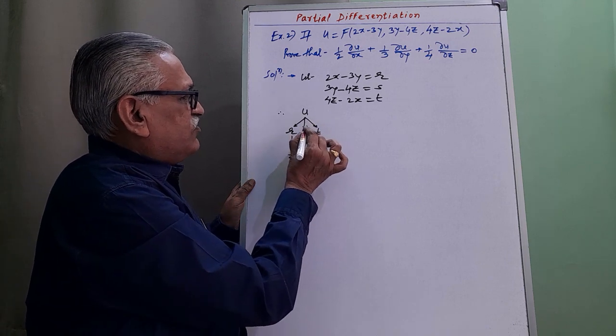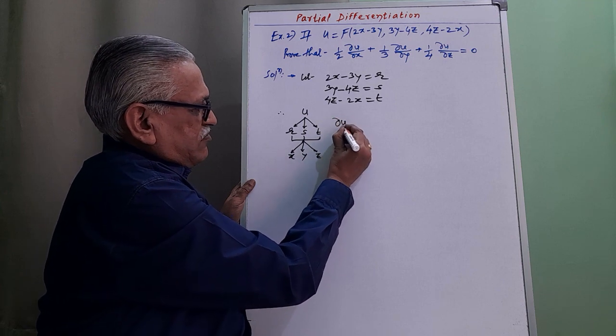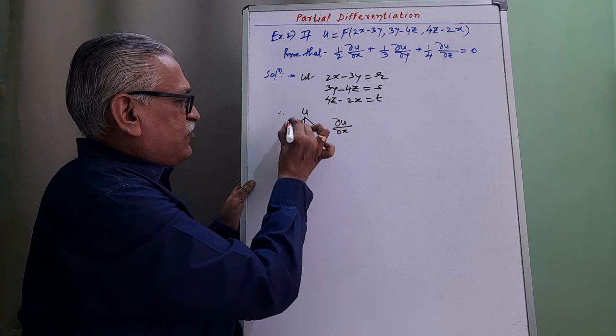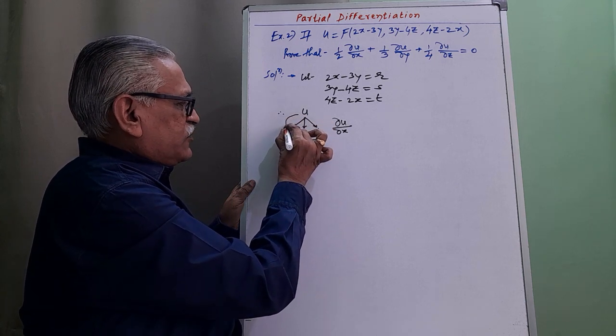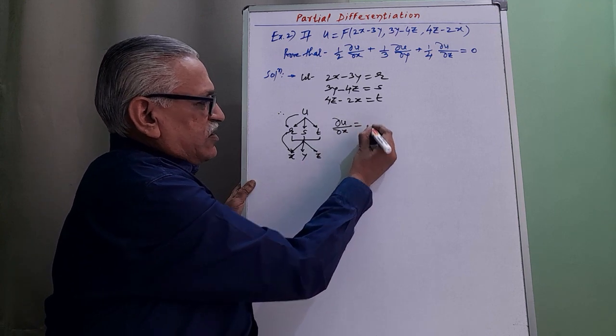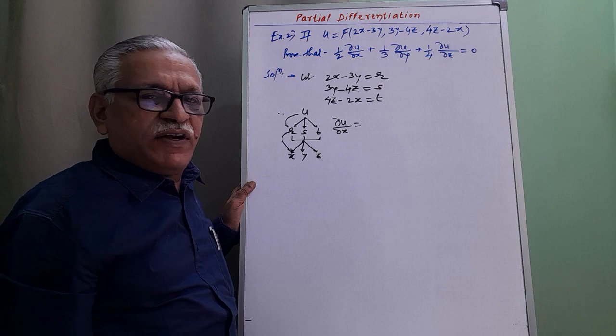Then we have to obtain the value of dou u by dou x. Direct differentiation is not possible. Therefore, we differentiate u with respect to r and then r with respect to x. All derivatives are partial as it is a function of more than one independent variable.